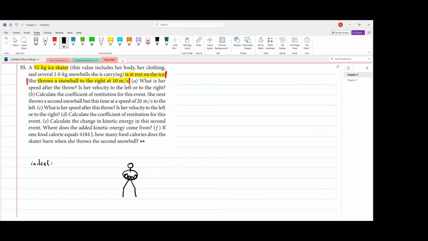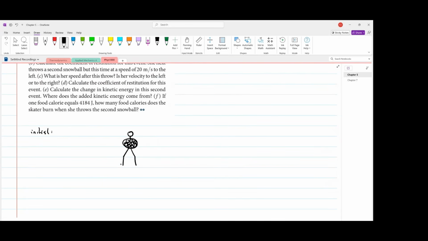Let's give her nice skating shoes. Her total weight is 52 kilograms, and she's at rest, which means her velocity is 0 meters per second. So this is the initial case.